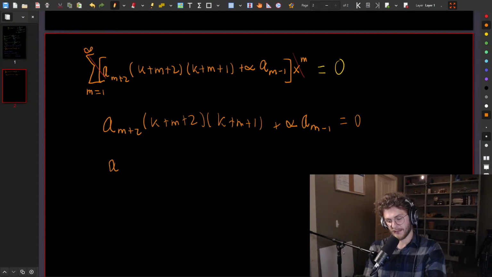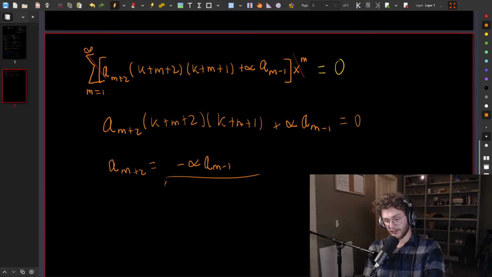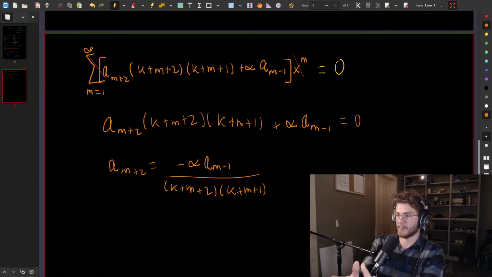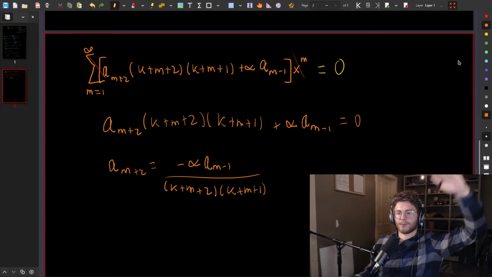So we could say a sub m plus 2 equals negative alpha a sub m minus 1, all dividing k plus m plus 2, k plus m plus 1. So for any value of k that we plug in, we can then say, okay, do we know at least one value? Do we know a sub 0? Do we know a sub 1? And from that, you could start to figure out some general thing.